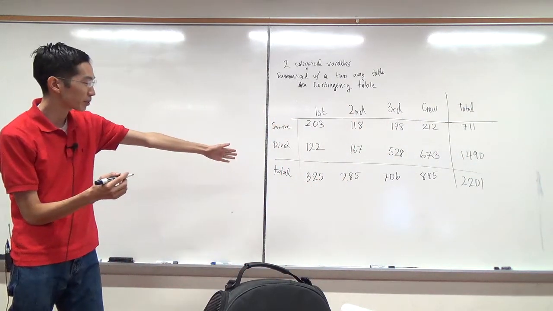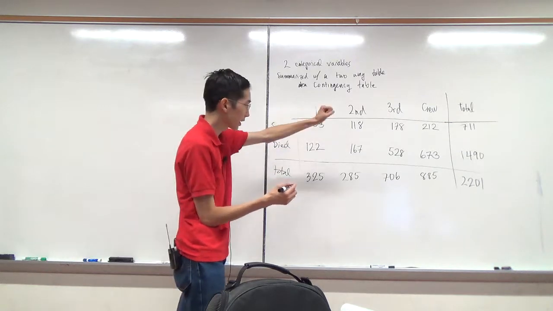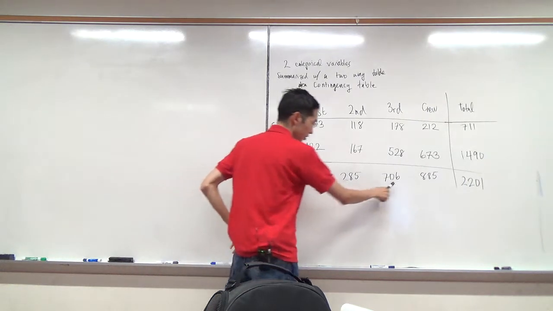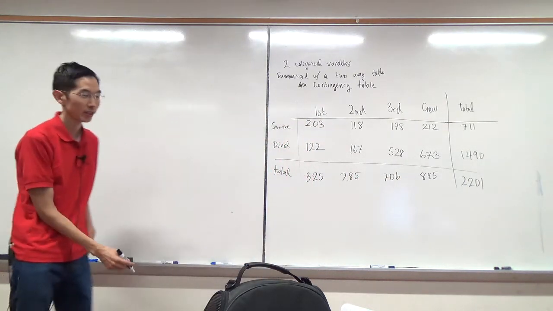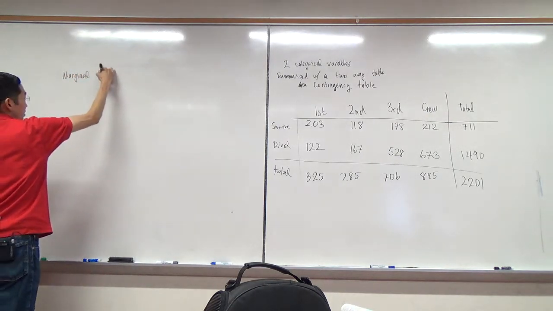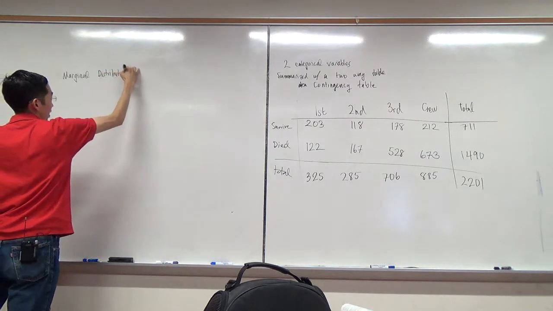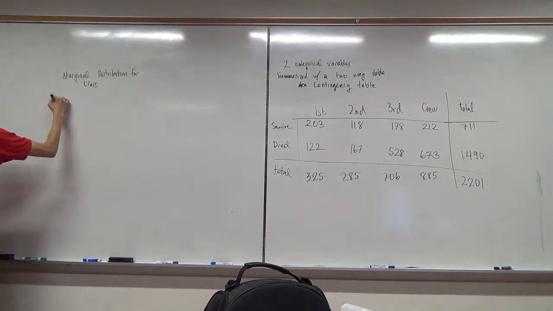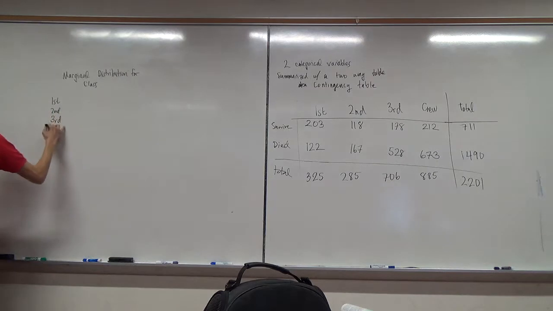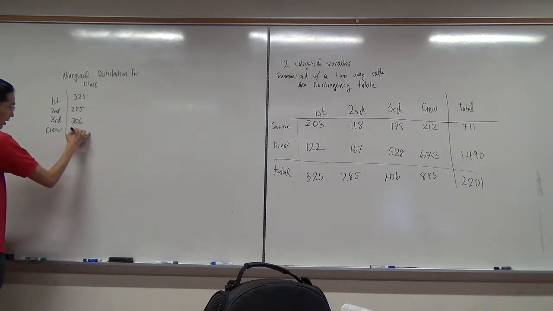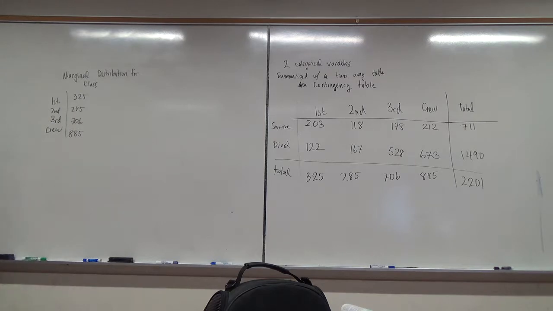So the marginal distribution for class is exactly what we had earlier: first, second, third, and crew, with these same numbers, 325, 285, 706, 885.